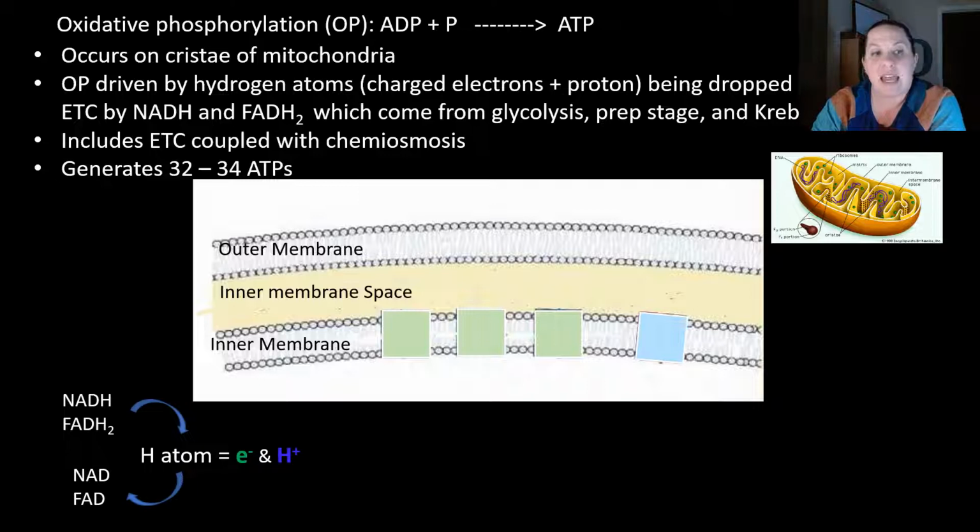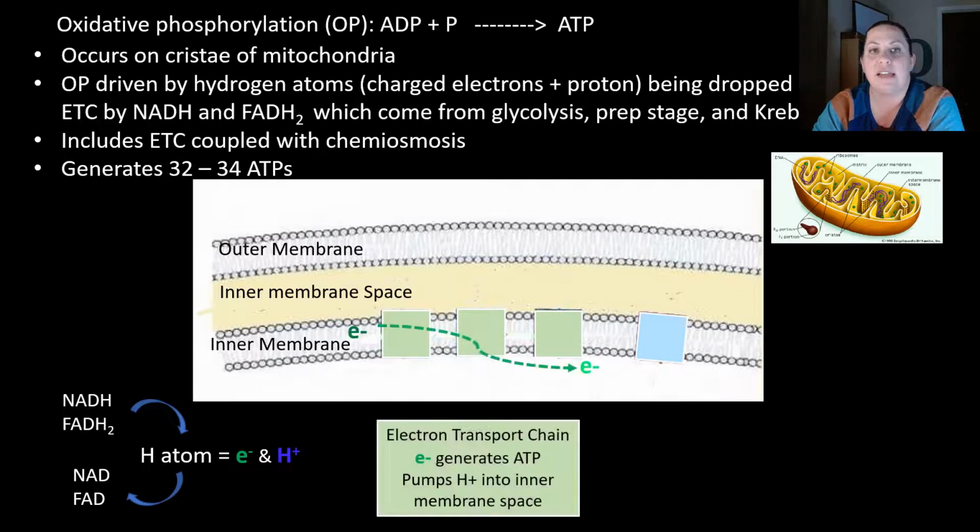So NADH and FADH2 are going to drop off their hydrogens and their electrons, and these electrons are going to move down the electron transport chain. These electrons help generate the ATP, and it pumps the hydrogens into the inner membrane space between the outer membrane and the cristae. Okay, so they are going to pump them into this area here.